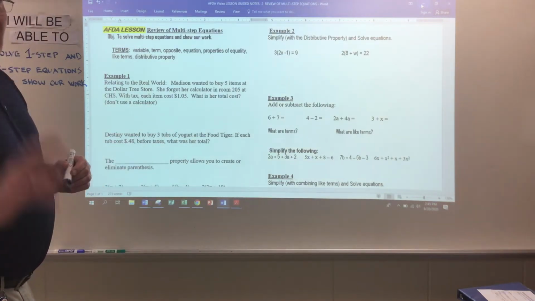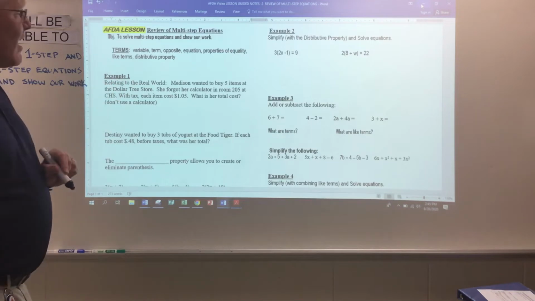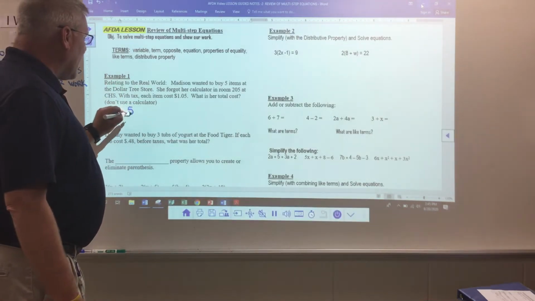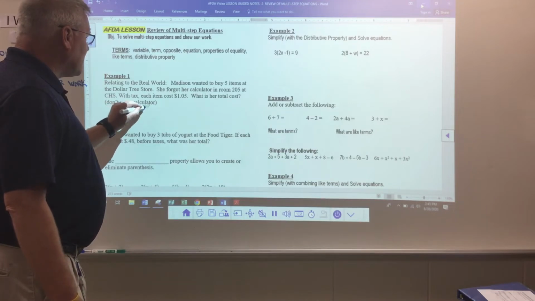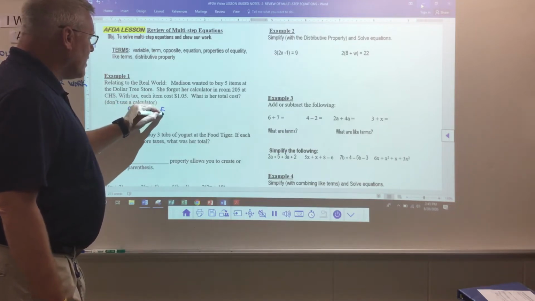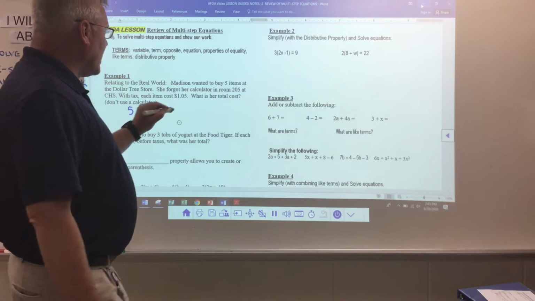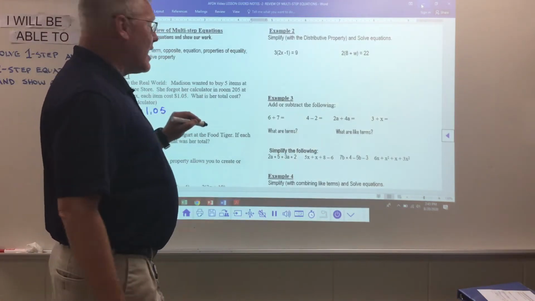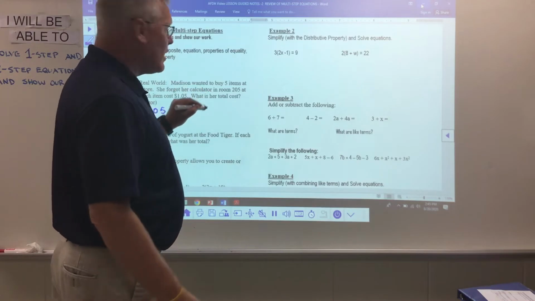But let me read your mind for a second and see possibly how some of y'all may have solved this. You thought that would be 5 times $1.05. But then your brain did something interesting. It did 5 times $1 and then 5 times 5 cents. True or not true?